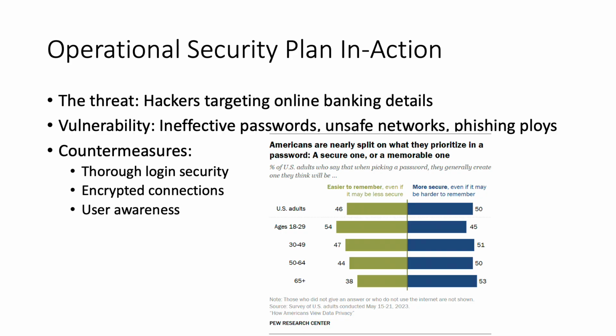So for this example, we'll continue in the context of online banking. We've already established that the primary threat is cyber criminals looking to steal login credentials and access sensitive financial info. If we look at the vulnerability side, we have weak passwords and logging in through public networks as causes for vulnerability. To counteract this, my operational security plan targets these vulnerabilities by supporting them with improved login practices like complex passwords and two-factor authentication.